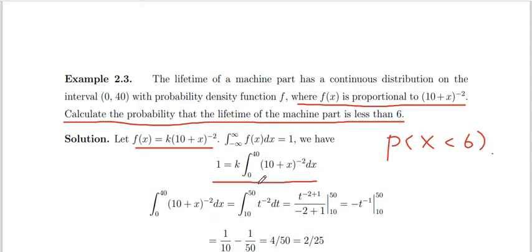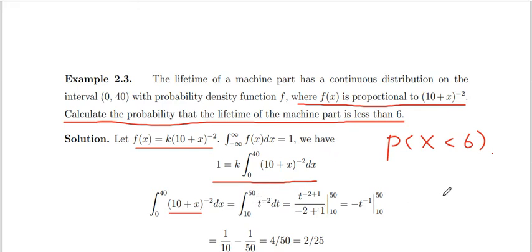Again we use substitution. We let 10 plus x equal t. So this becomes t to the negative 2. And then the bounds: when x equals 0, t equals 10. When x equals 40, t equals 50, right?